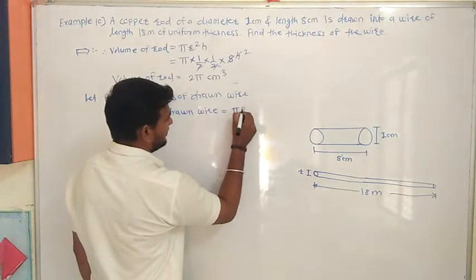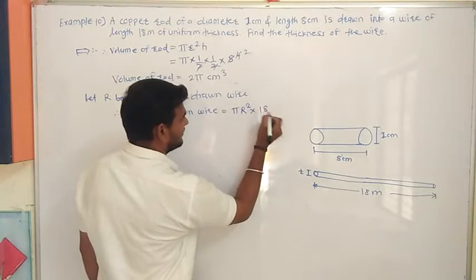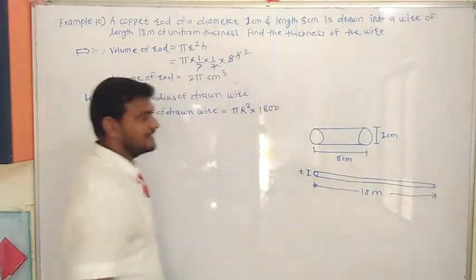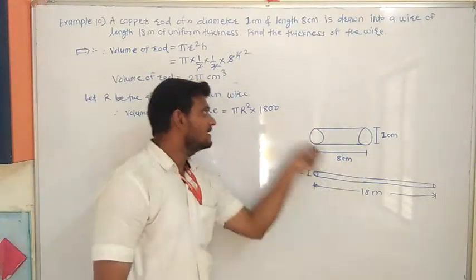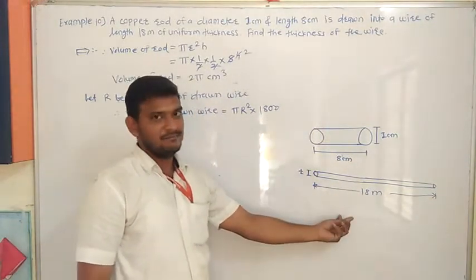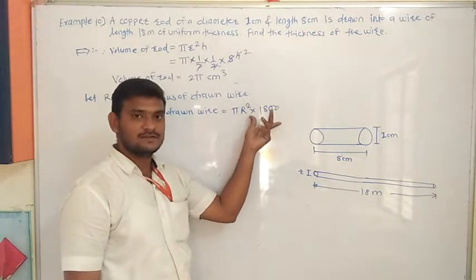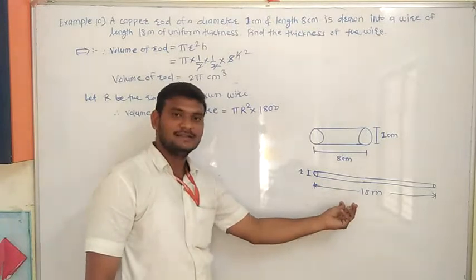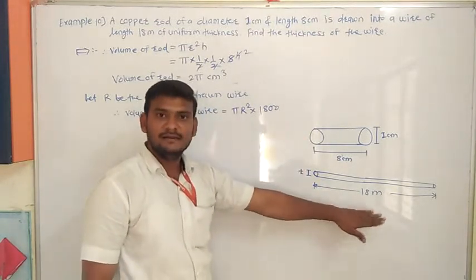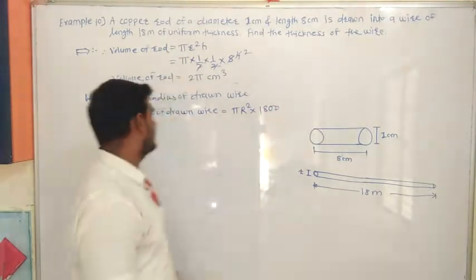Pi into capital R square into length, which is given as 18 meter. This 18 meter can also be written in centimeter, that is 1800 centimeter. R we don't know. This is the formula, pi into R square into h. Here h is the length of that wire. Length is 18 meter.